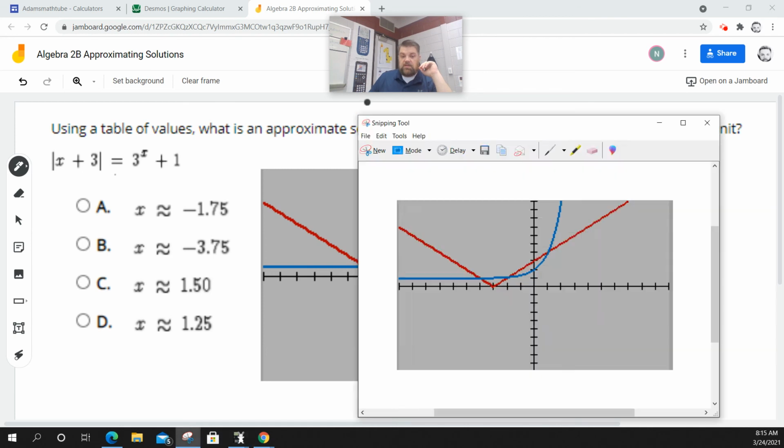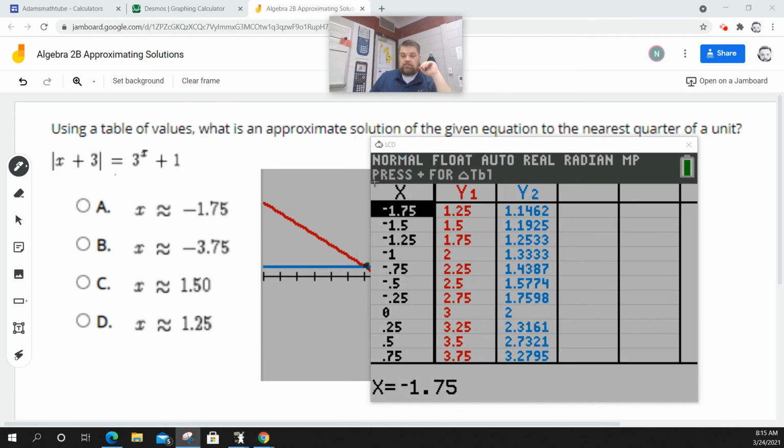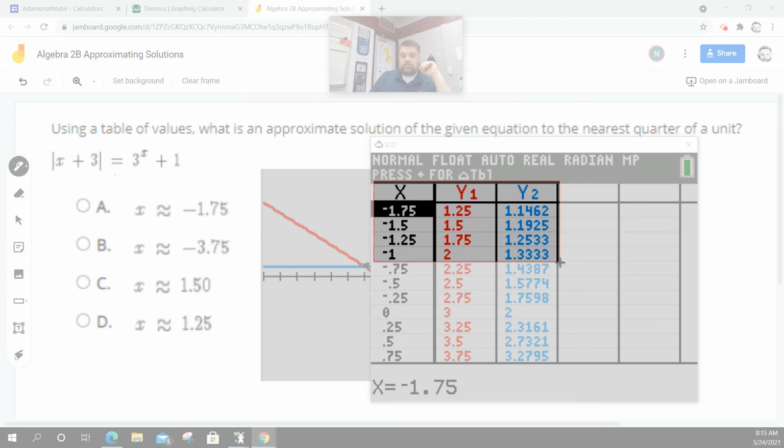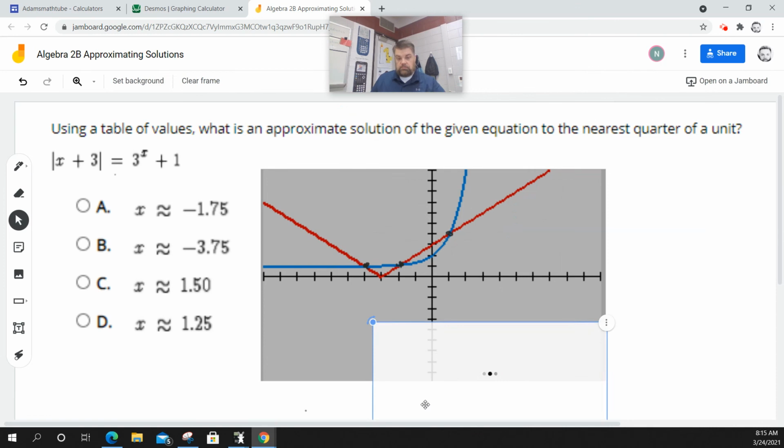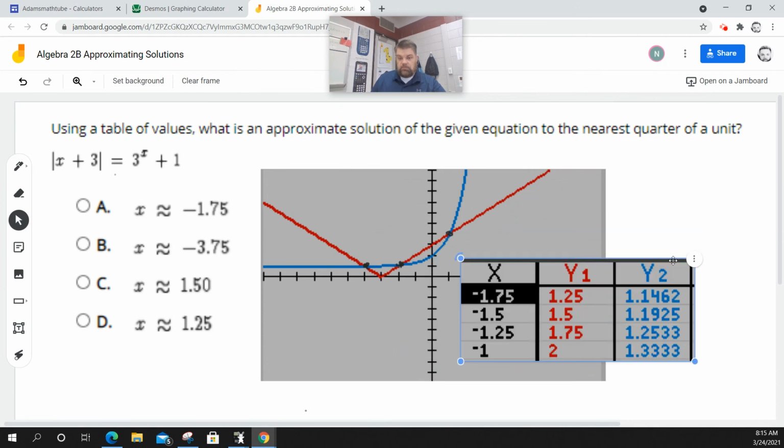Okay. So those are the closest because the difference between them is 0.11. That's the only one that is that close. So we're going to go with this.